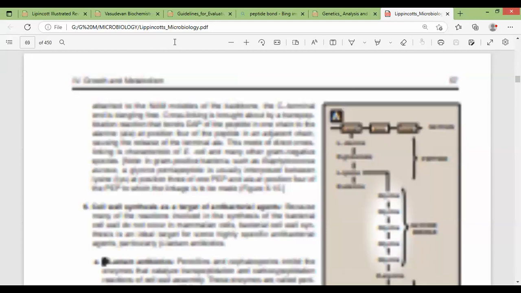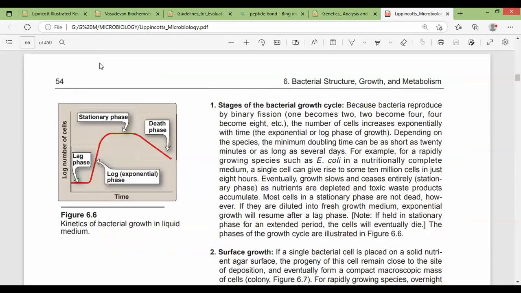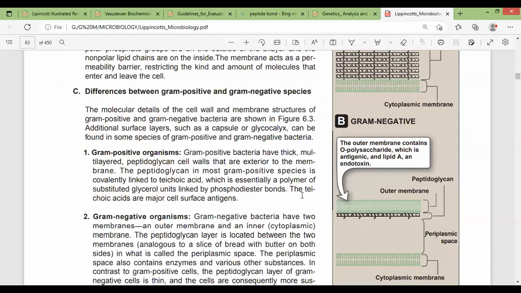So for gram positive, just because I left that out, I want to highlight that teichoic acid is essentially a polymer. Now, they like bringing this question to confuse someone.